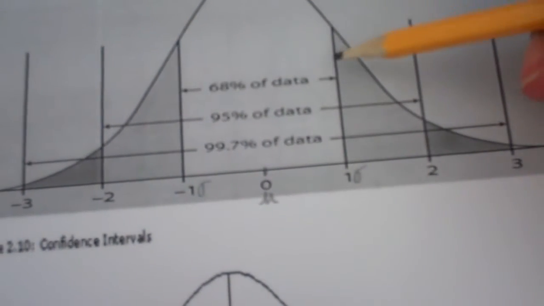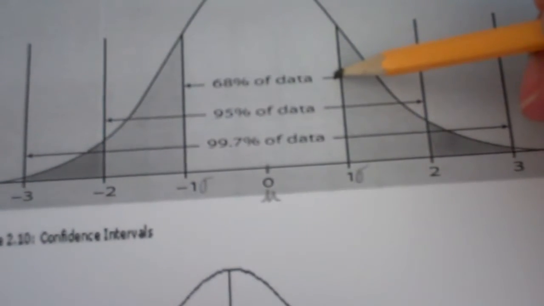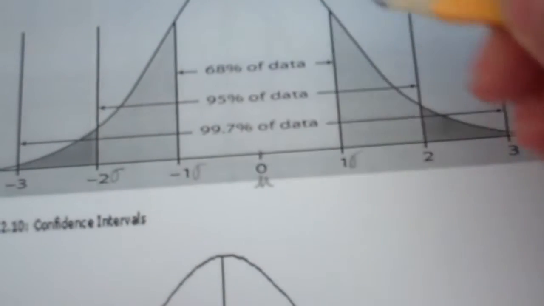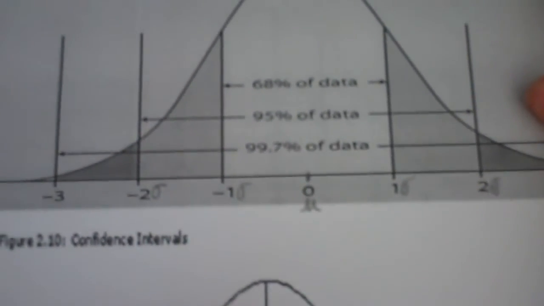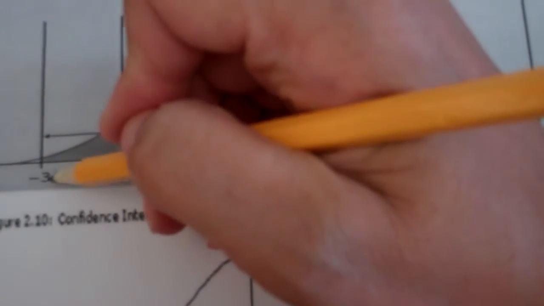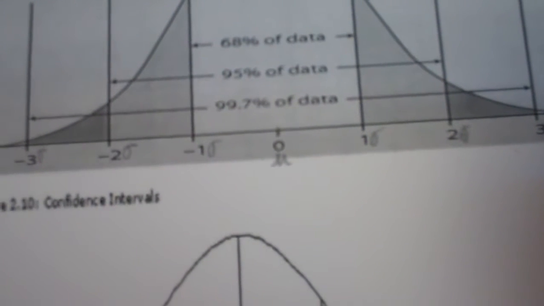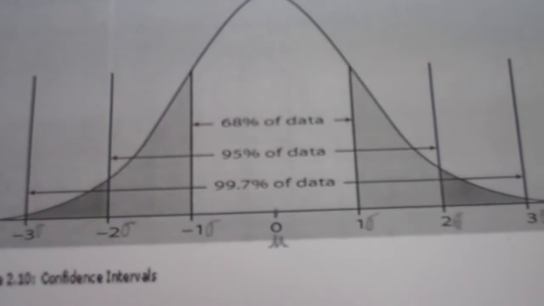And we see that 68% of the data is located between 1 standard deviation. Between 2 standard deviations, we see that 95% of the data is located there. And within 3 standard deviations, way out there, we see that 99.7% of the data is located.